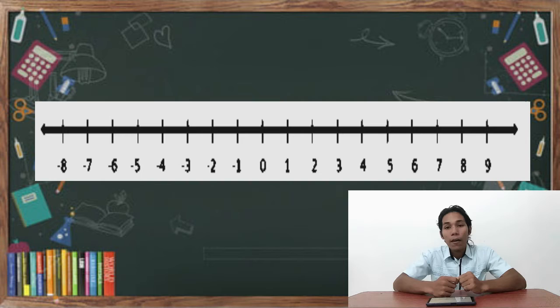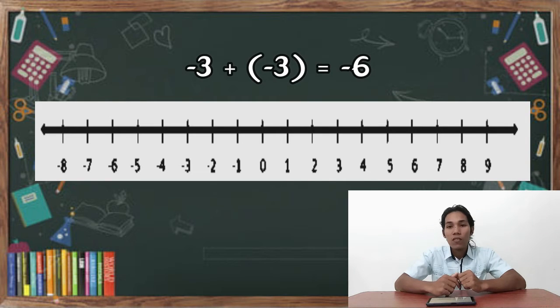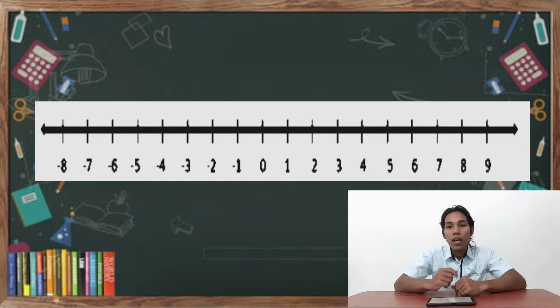If you add negative 3 to negative 3, you will count from 0 to negative 1, negative 2, and negative 3. That's the first negative 3. Plus the negative 3 is to negative 4, negative 5, and negative 6. So the result is negative 6. You should only count from 0 to the left side of the number line.